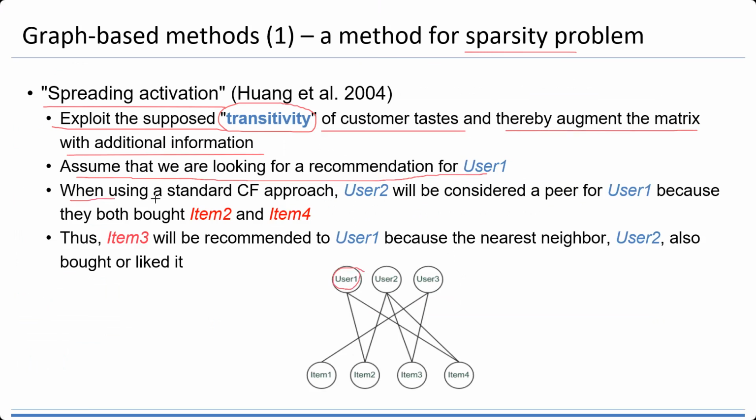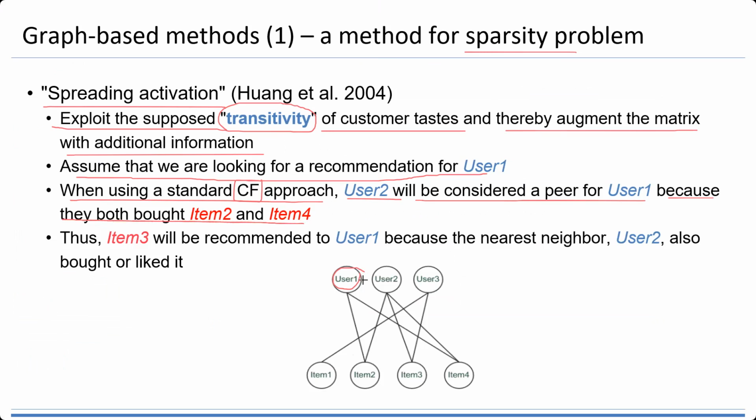We can use the standard CF approach, the collaborative filtering approach. In this case, user 2 will be considered a peer for user 1 because they both bought item 2 and item 4.